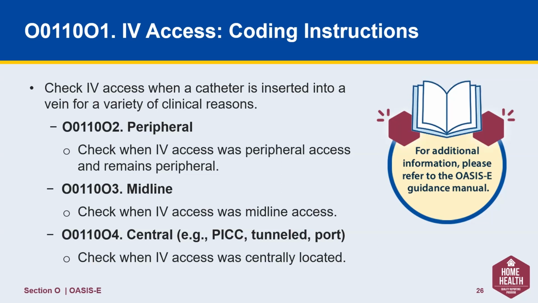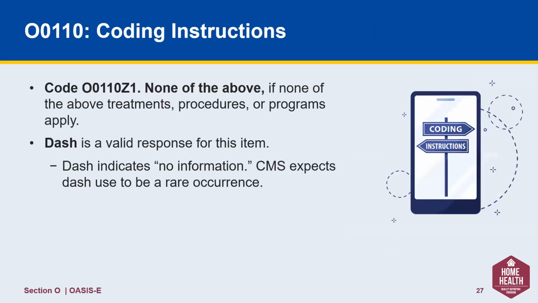As you work your way through the item, if your assessment reveals none of the treatments, procedures, or programs apply, then you would code O0110Z1, none of the above. Dash is a valid response for this item. However, CMS expects dash to be used on a rare occurrence.